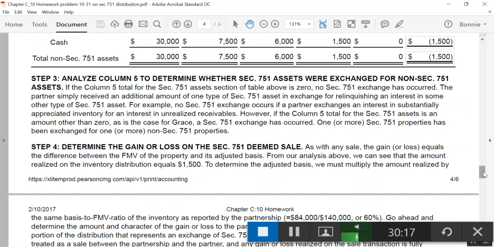But let's say in exchange for that couch, which had a basis of $1,000, I receive back $500 worth of partnership interest. That $500 is the fair market value of what my interest is in the partnership, and I receive basis for that.